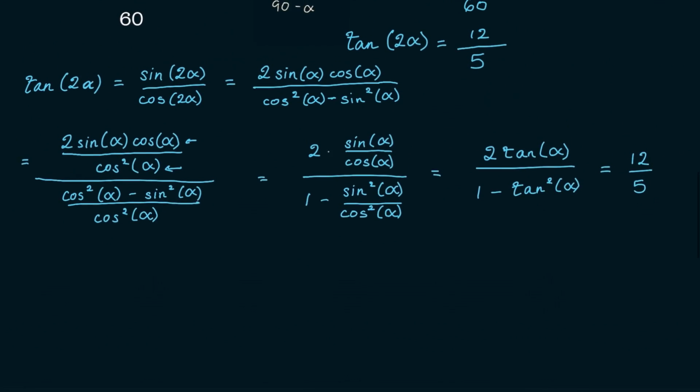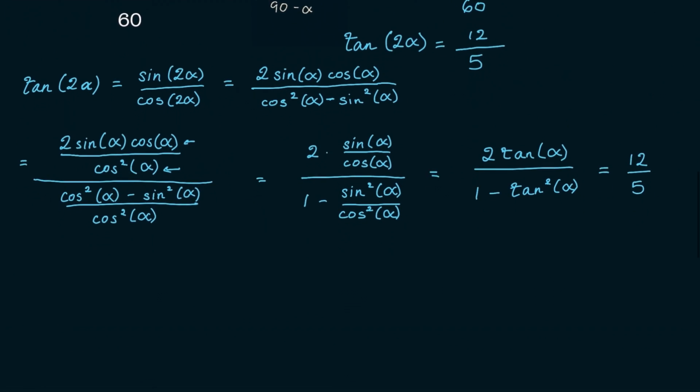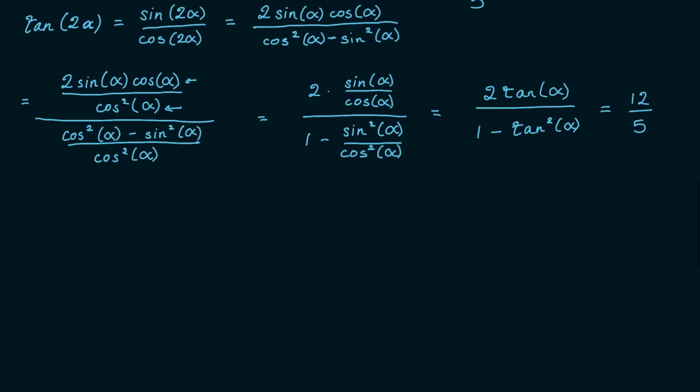We also said that tangent of alpha was x over 60. So let's plug that in here. 2 times x over 60 over 1 minus x over 60 squared equals 12 over 5.